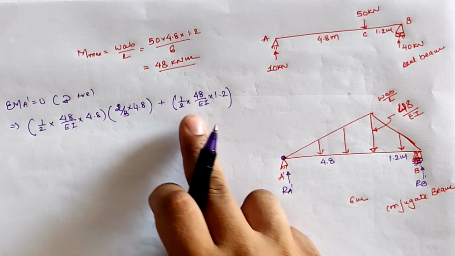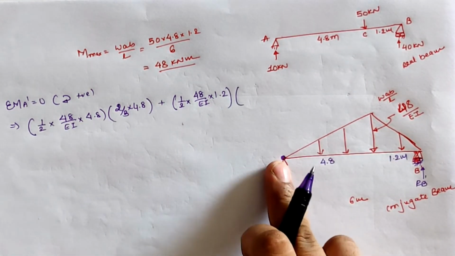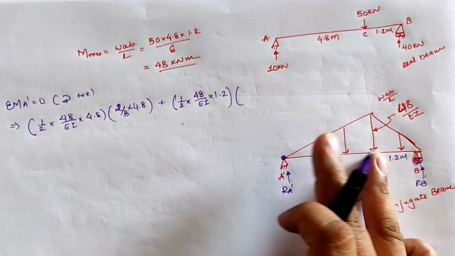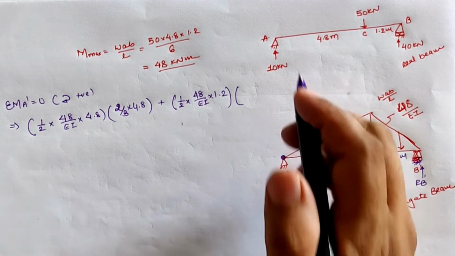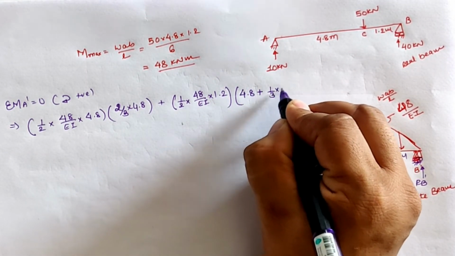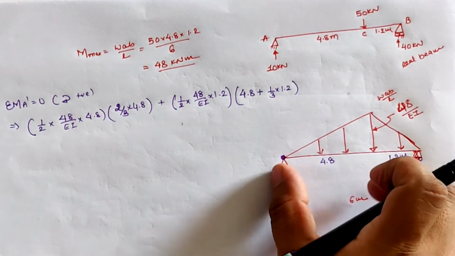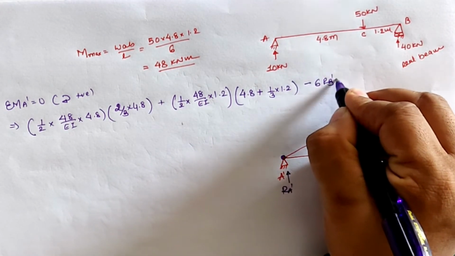and the total load is 1/2 into 48 by EI into 1.2, and the CG distance from location A dash is 4.8 up to the point C plus 1/3 of 1.2 of the UVL. So it is at 4.8 plus 1/3 of 1.2, and the RB dash creates an anti-clockwise moment, so the total distance is 6, so 6 into RB dash as negative.